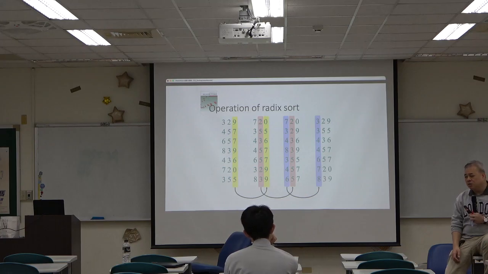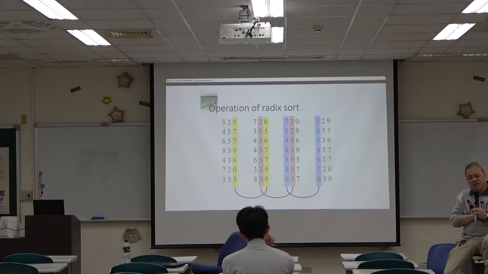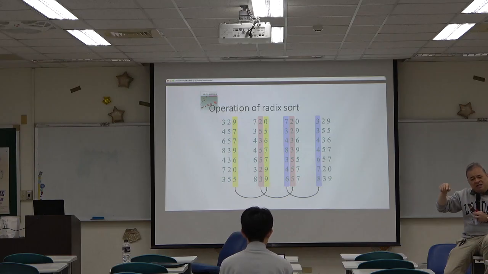Because first, the counting sort runs very fast, right? I mean, we just mentioned it's linear time. Second, because we sort each digit, if you use the counting sort, then basically we only care about one digit, right? So the range of k is limited from 0 to 9.